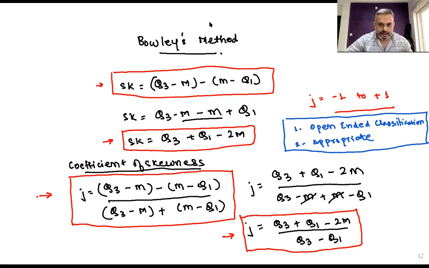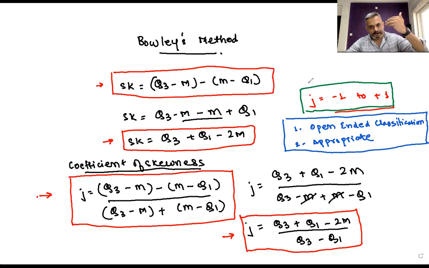Important. And as per this method, the coefficient of skewness will lie between -1 to +1. Obviously, you know that -1 means perfectly negative and +1 is positive. Anything between them, we have to see how much it is skewed towards positive or towards negative.